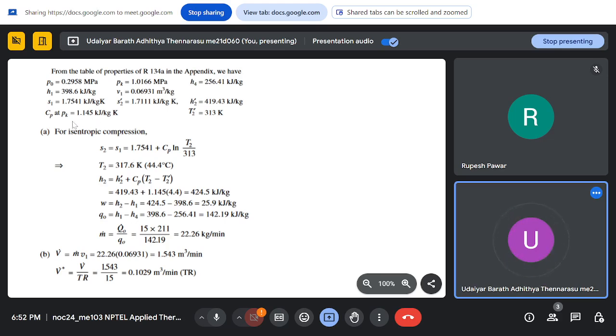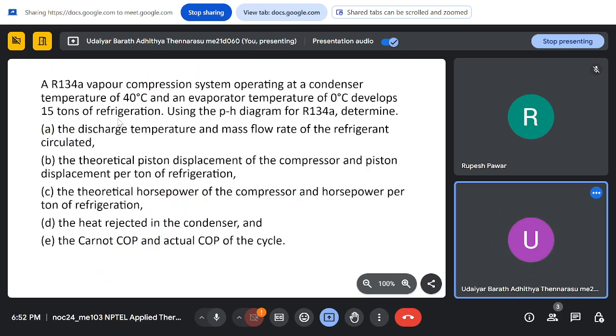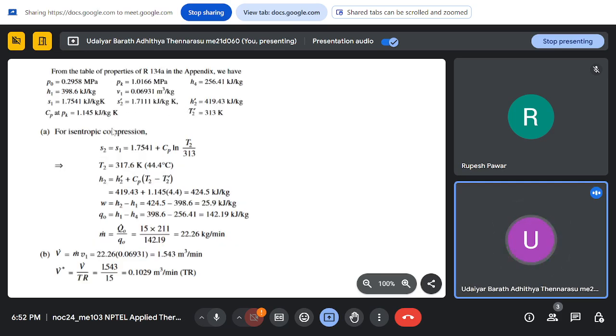And so here, if we assume that the compression is isentropic, then your entropy will remain the same. So your entropy is 1.7541 at the inlet, plus Cp ln of the change.